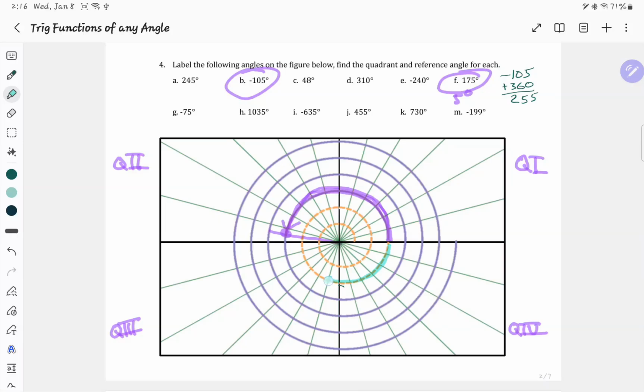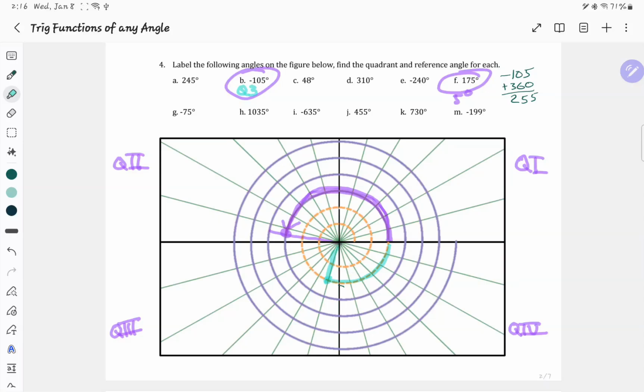So there's a couple ways you can find that reference angle. So this would be a quadrant 3 angle. You can say quadrant 3. Like I said, you can put the Roman numerals or just regular numbers. Either way is fine with me. But I'm just going to take, how far is that to that 180? Or we might even think of it as negative 180 since we're moving in the negative direction.